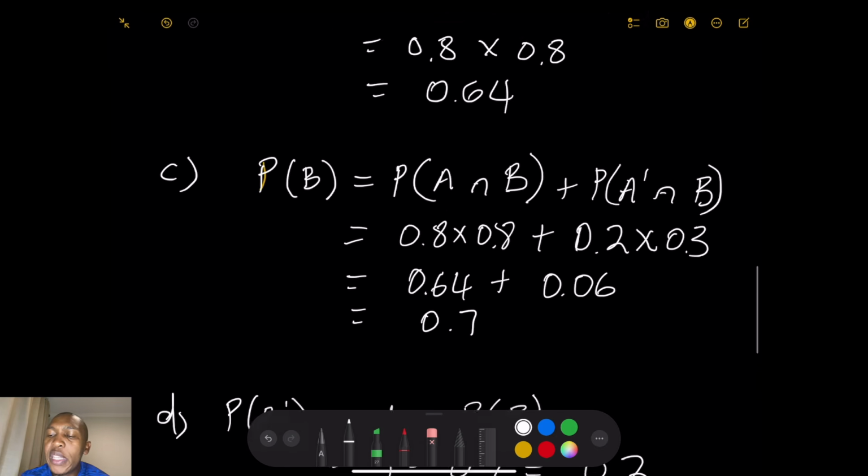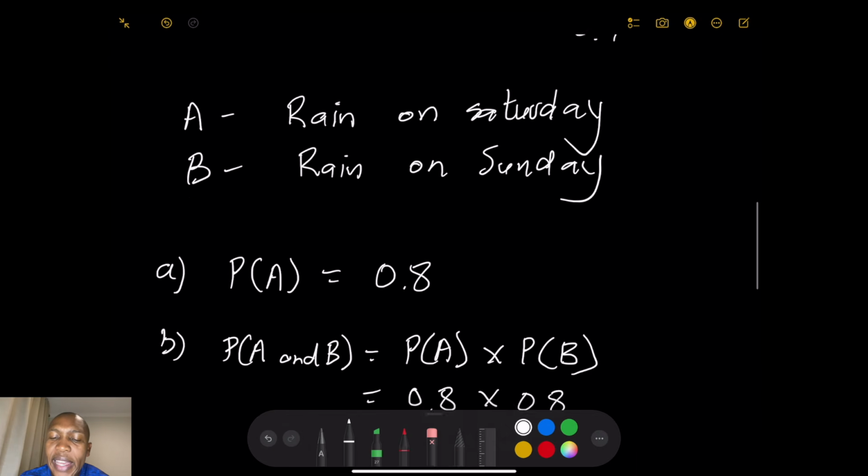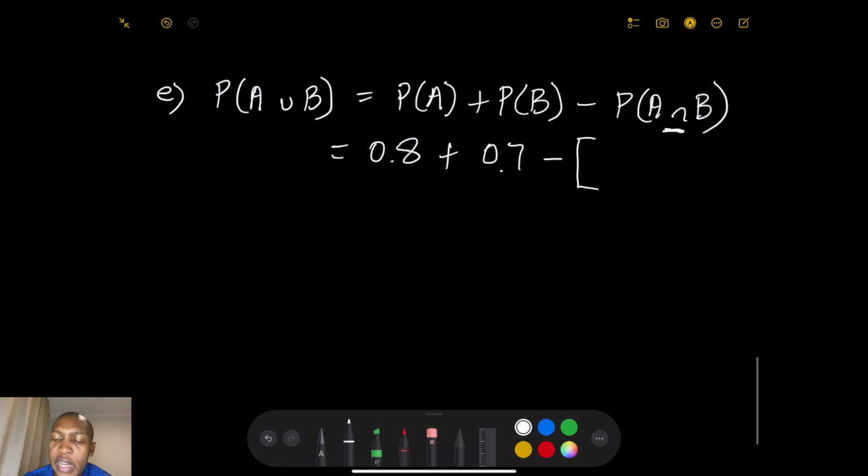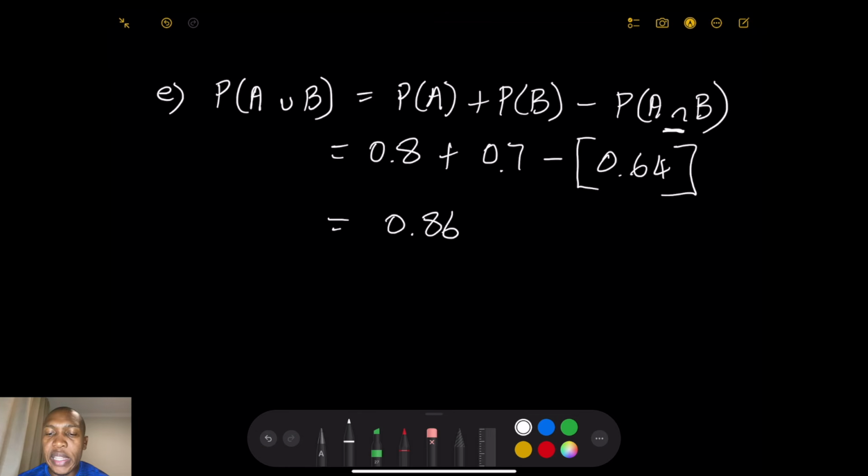What's the probability of it raining Saturday and Sunday? We calculated that and we said that gave us 0.64. So if we add that, so that's 0.8 plus 0.7, okay, minus 0.64, and in this case I get 0.86. So that's the probability that I get.